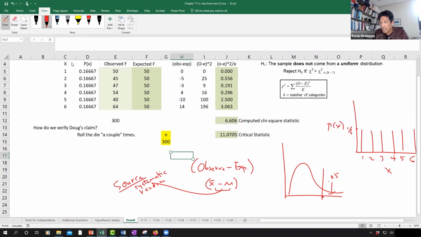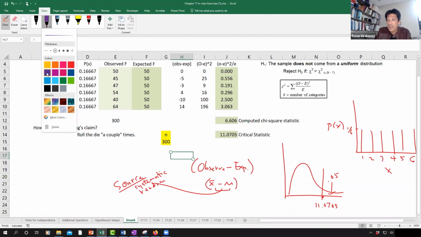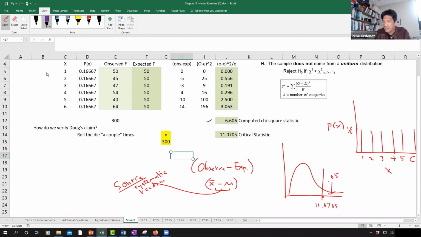The critical chi-square is 11.0705. And the computed statistic is here, 6.606. It is inside the fail to reject H0 region.